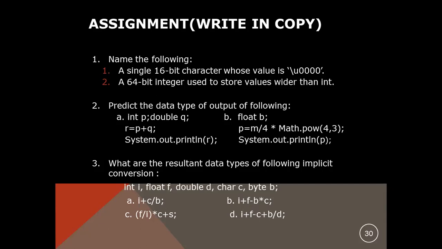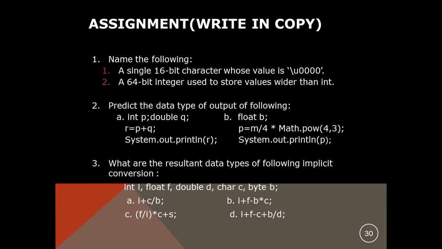Question number 3 is what are the resultant data types of the following implicit conversions. Now this is implicit conversion, that is the conversion which is done by the system. The user is not giving any command, the system itself does the conversion. Now this conversion will take place according to the hierarchy, or according to the highermost data type. First one I will tell you, for example, I plus C divided by D. Now I is of int type, C is of char type, and D is of byte type.